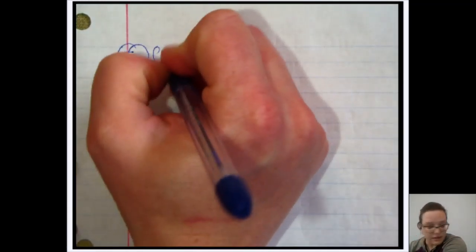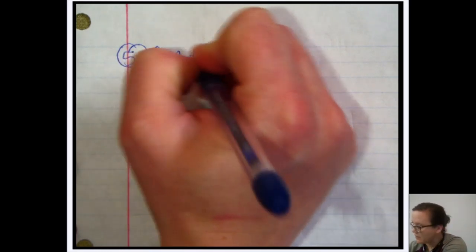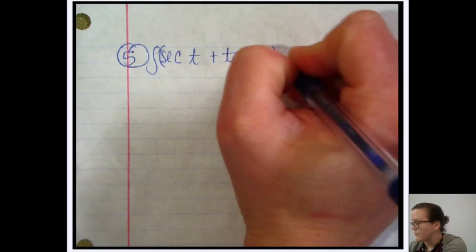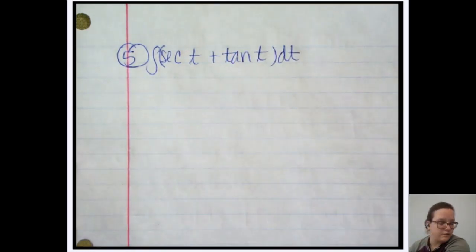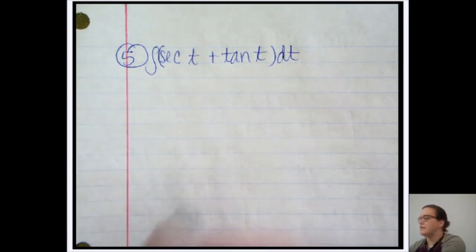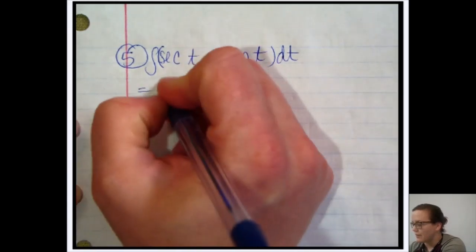We have secant of t plus tangent of t, taking the integral of that. Now this one really doesn't have an inside function because you're just taking it of t. It has an addition, so what we could do is just rewrite this.